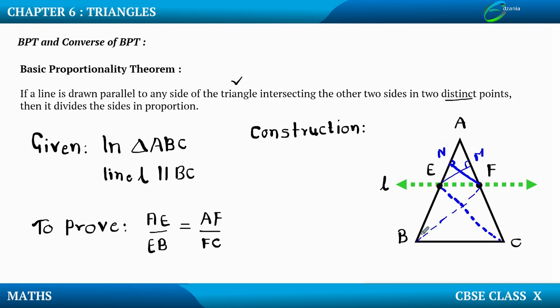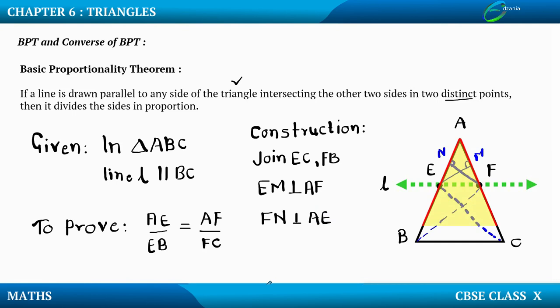We'll write down join EC and FB, first construction. Then draw EM perpendicular to AF, and draw FN perpendicular to AE.